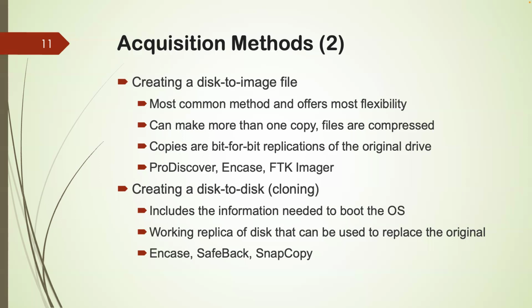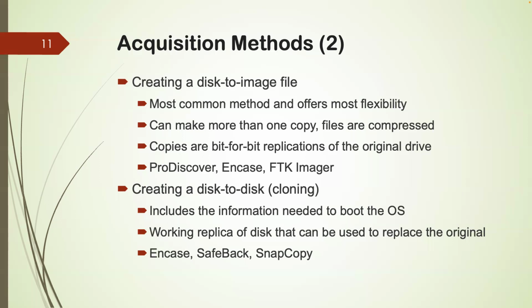But in disk to disk, you are making an identical clone. Even if there are some empty spaces or regions in your hard drive, you are leaving them empty in your copied version. Since you are not creating a file like an ISO as in the image case, in disk to disk, you can just replace your copy with the original device, and you can also boot up the operating system from this copy as well.